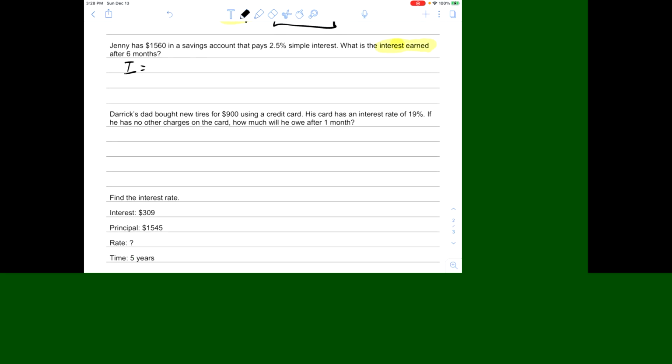So I have interest equals principal times rate times time. My principal, the amount of money, that's 1,560. My rate is 2.5%. Turn that into a decimal by dividing by 100, and I get times 0.025. My time is 6 months.